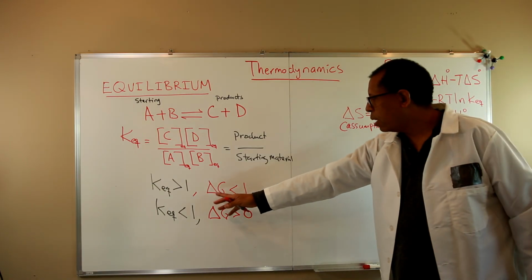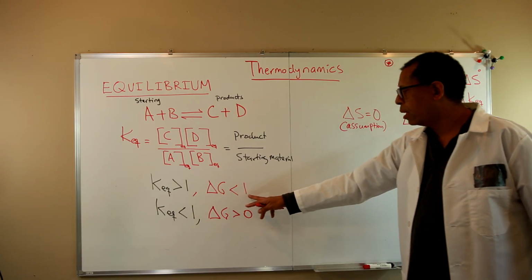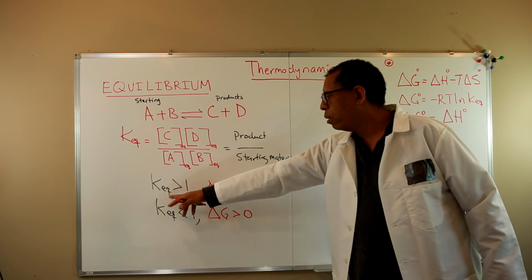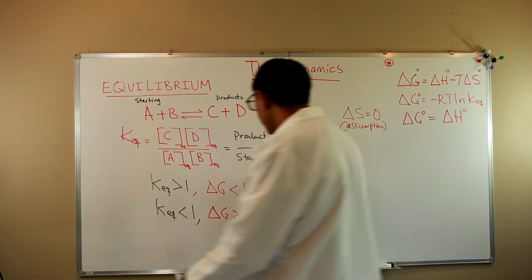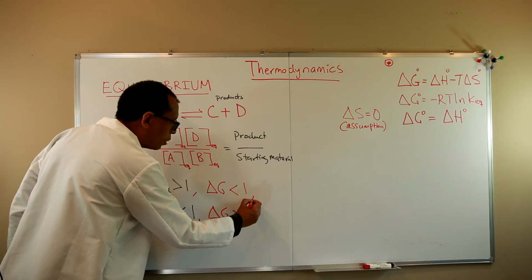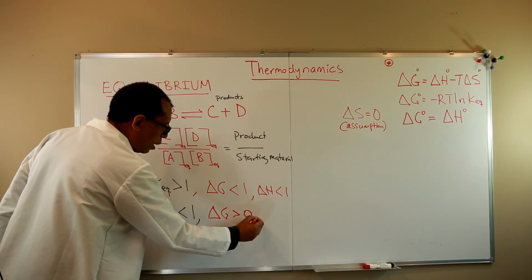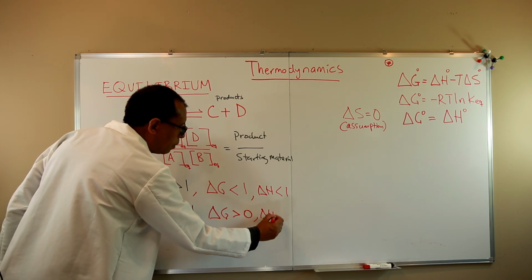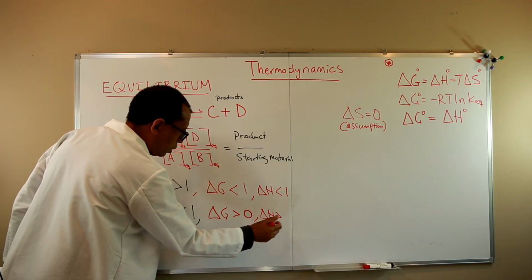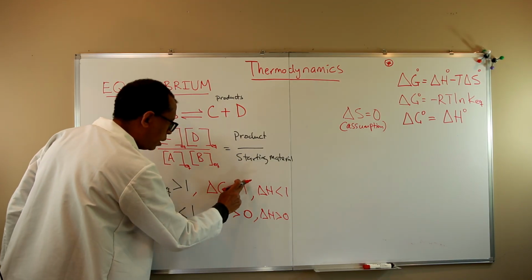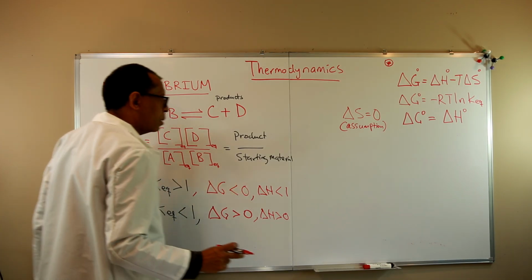So for an exothermic reaction, where delta H is less than 0, the K equilibrium is greater than 1. Similarly, if delta H is greater than 0, delta G is greater than 0. That's it.